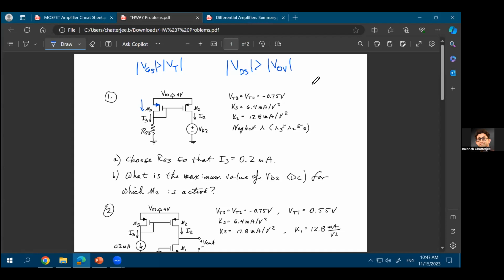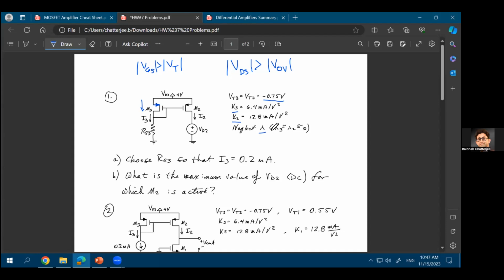Now, how to solve these kinds of problems: for this, it is given that the threshold voltages are minus 0.75 volt. Because for a PMOS, the threshold voltage will be negative, since you need to attract holes in the channel so that you can create a channel below the gate, right? That's coming from the basic device physics of the PMOS. The values of K are given.